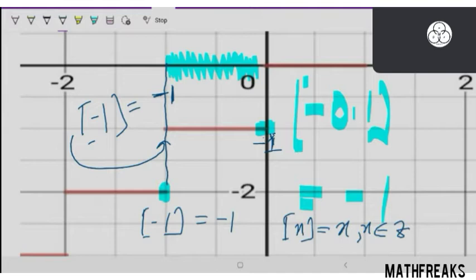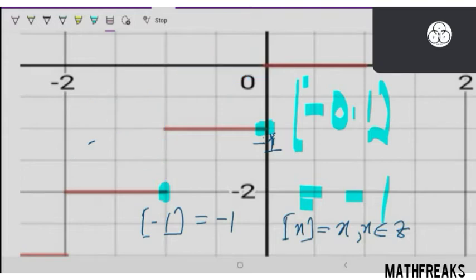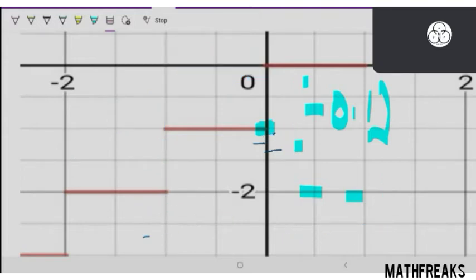No matter, let it be positive, negative or whatever, that doesn't matter. So here we have seen the discontinuous point.